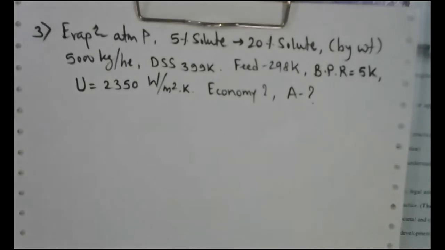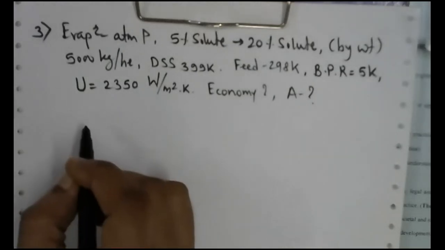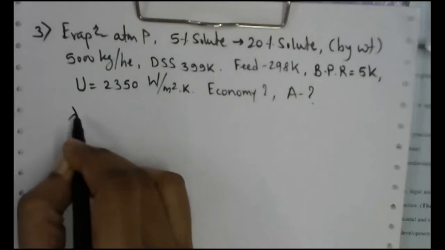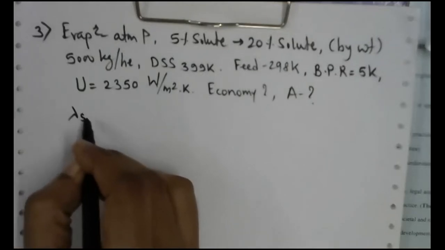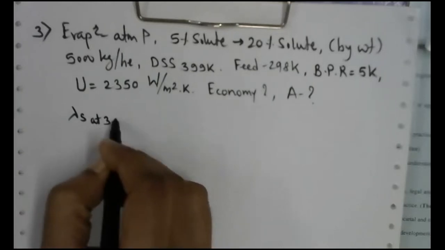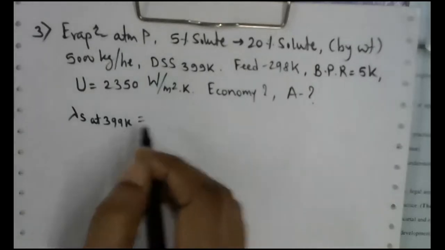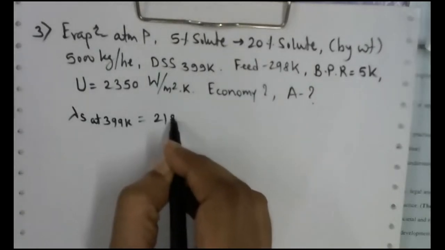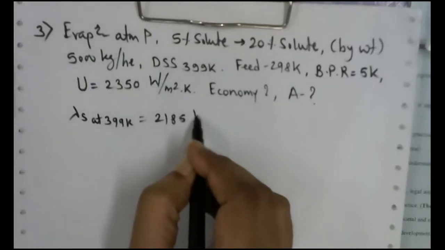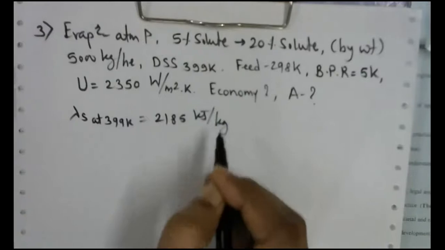The other data given in this numerical for the calculation purpose is, treating the solution as pure water and neglecting the BPR, that is boiling point rise, the latent heat of condensation of steam at 399 Kelvin is 2185 kilojoules per kg.